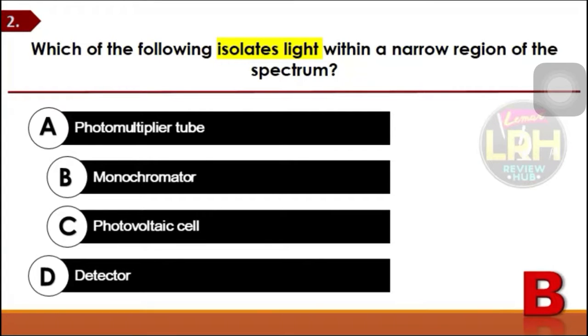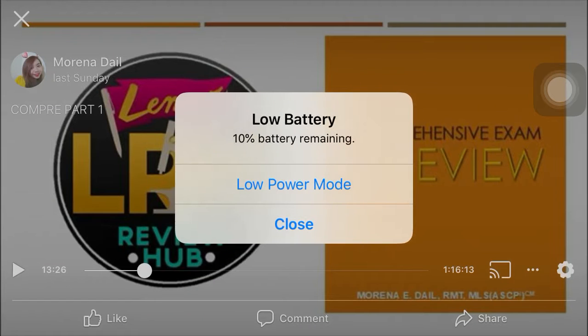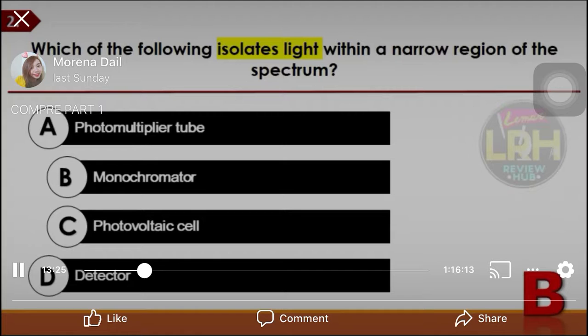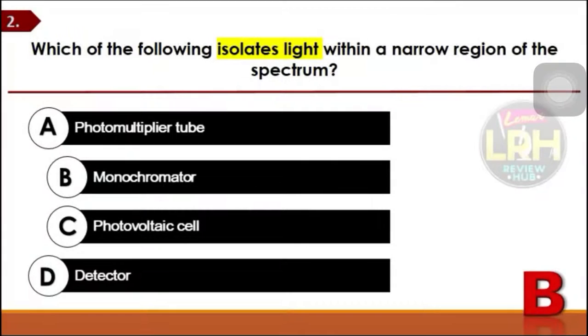Discrete analyzers. Aside from the continuous flow analyzer, we also have discrete analyzers. Discrete analyzers house samples and reagents in separate containers. The most common analyzer employed in the clinical laboratory is the discrete analyzer.